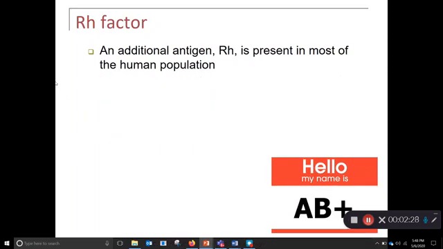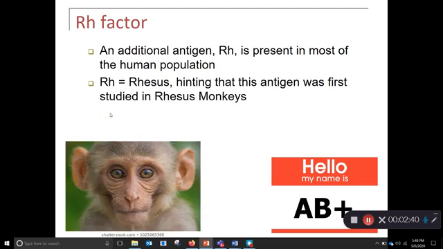There is one more factor that we should take into consideration, called the RH factor, which is mostly found throughout the human population. The RH factor refers to where the antigen was first discovered and studied very well, in the rhesus monkey, that cute little monkey you see at the bottom from Shutterstock.com.